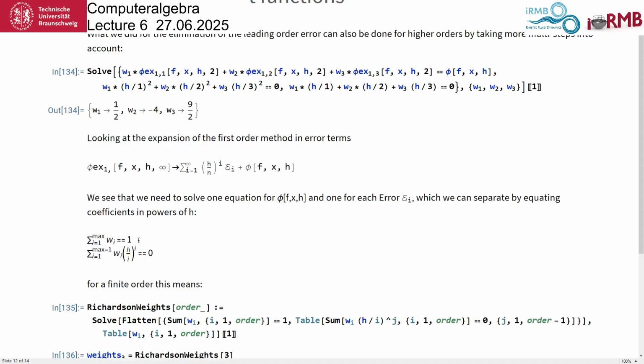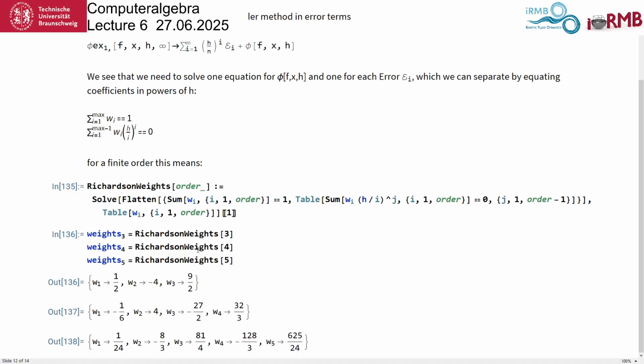And then for the different error terms that we want to have, we always have the weight times h divided by i, so how many steps we do, to the power of i. And this for as many terms as we want to use.